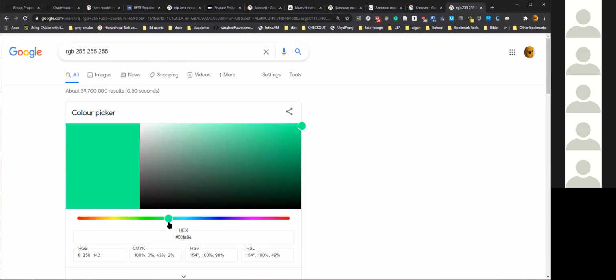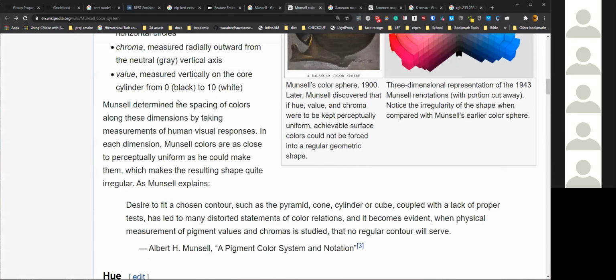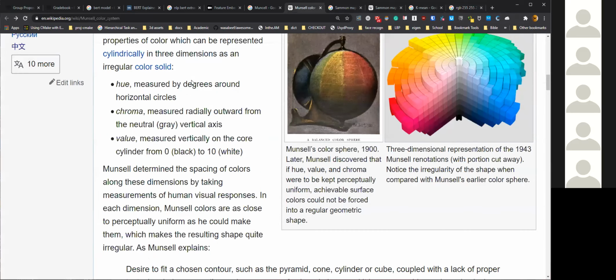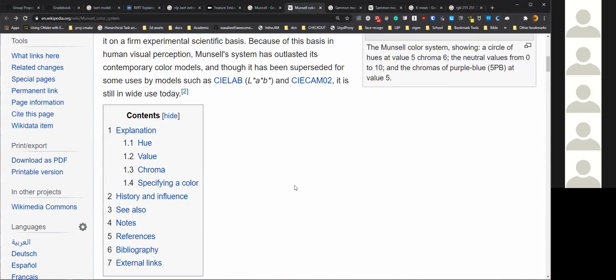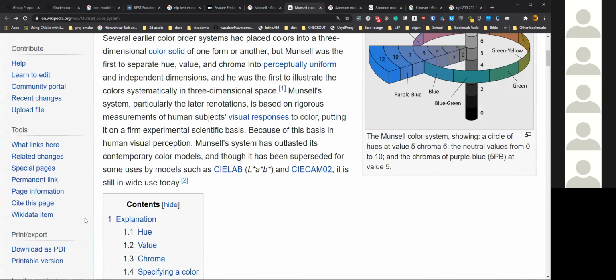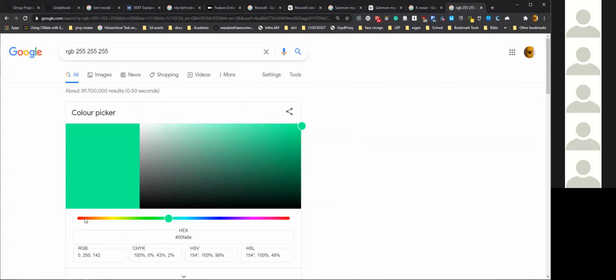Does it make sense so far? Yes. So what the professor is trying to do is tackle this issue by asking actual humans how similar different colors look to them, and then create a system where every color is an average that looks similar to one another. Does it make sense?